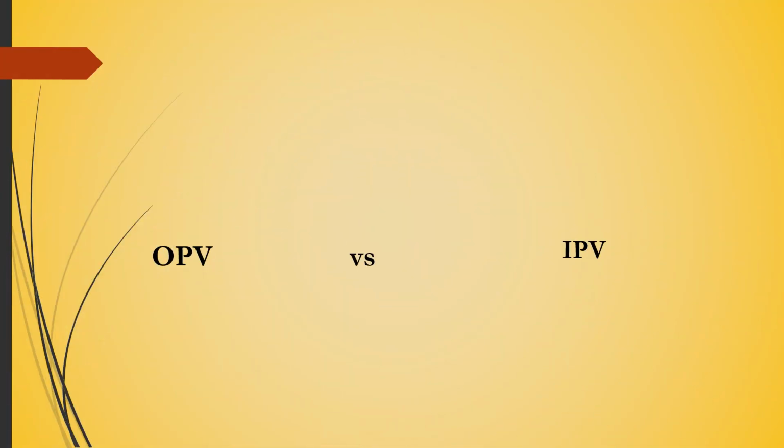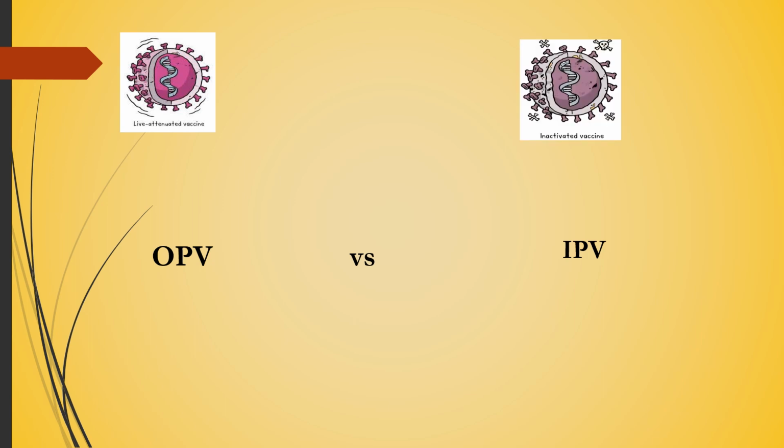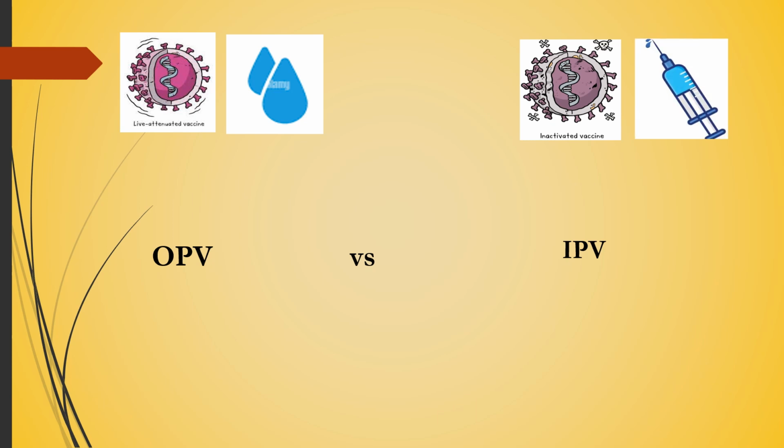Let's have a look at the comparison of oral polio vaccine and injectable polio vaccine. Oral polio vaccine is live attenuated, that means it uses weakened virus, and injectable polio vaccine uses killed virus. Oral polio vaccine is administered by 2 drops, and injectable polio vaccine is administered by an injection.